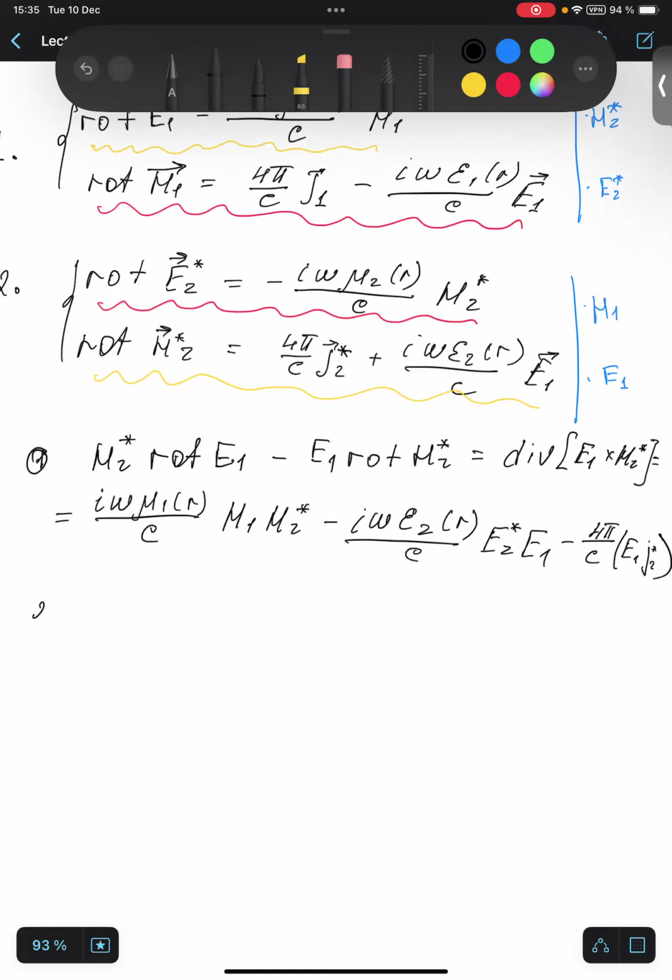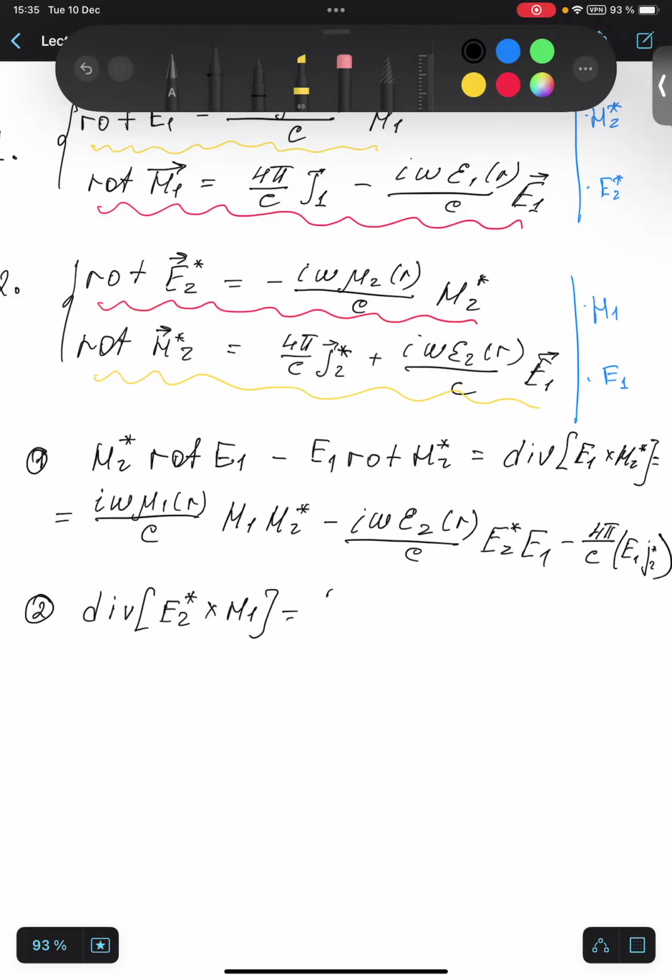And the second pair of equations: I will just write the divergence of E2 H1.